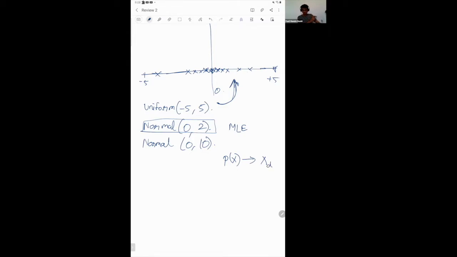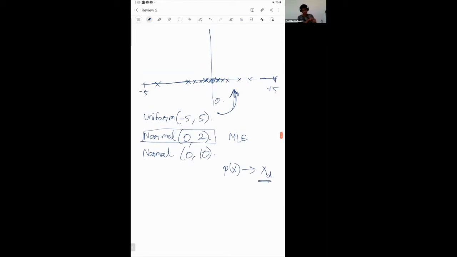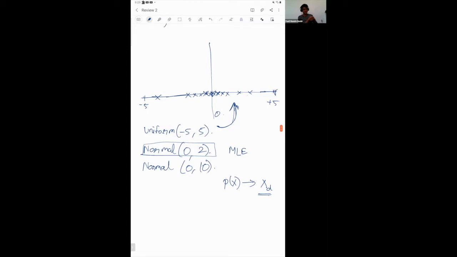So, given some distribution on X, how likely would I be able to see these data points? And one of the major assumptions that we'll make here is all of these data points are IID. And again, this is not that hard to get, because most samples of a distribution are independent of the previous samples. So, say if I want to sample from a uniform distribution from 0 to 1, my second sample wouldn't be dependent on the first sample.